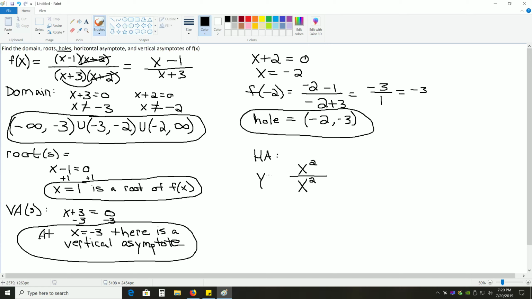The horizontal asymptote will occur at y equals the result of dividing the lead terms. And when you divide x squared by x squared, you're just left with 1. So at y equals 1, there exists a horizontal asymptote.